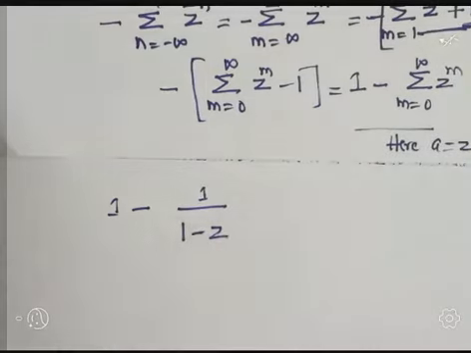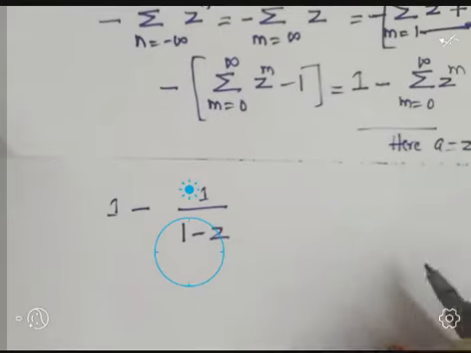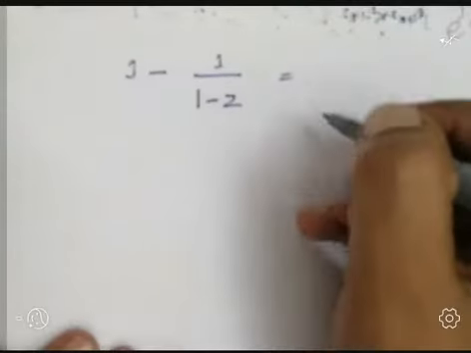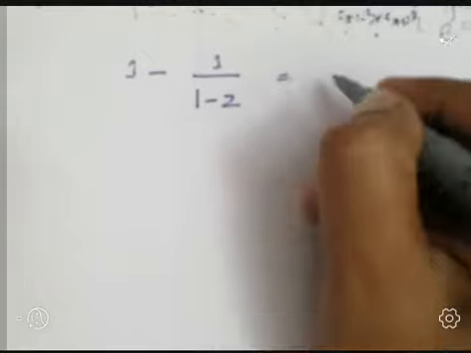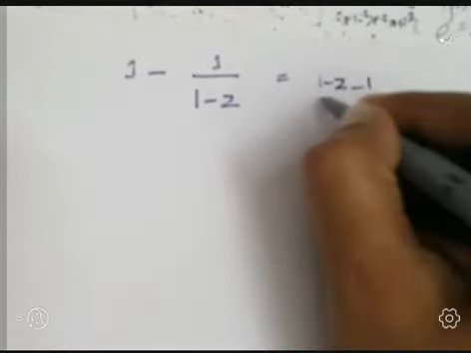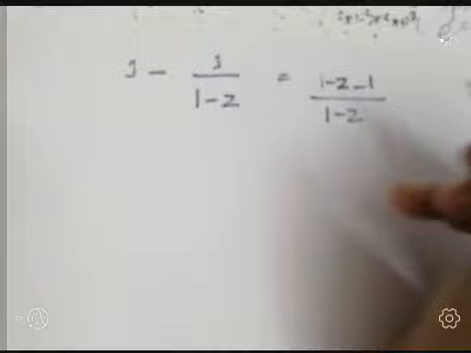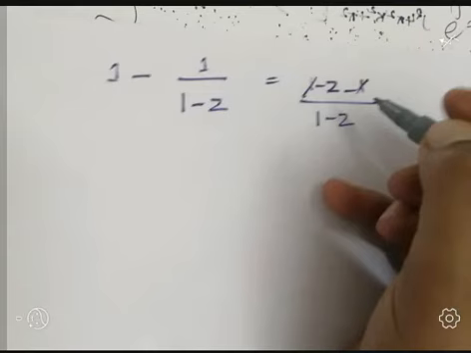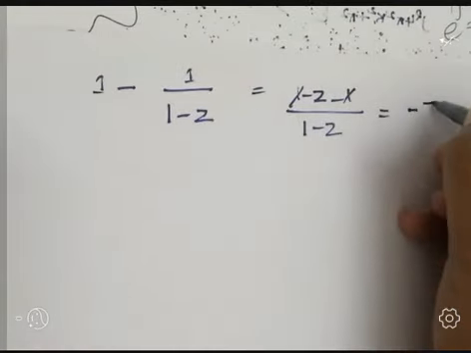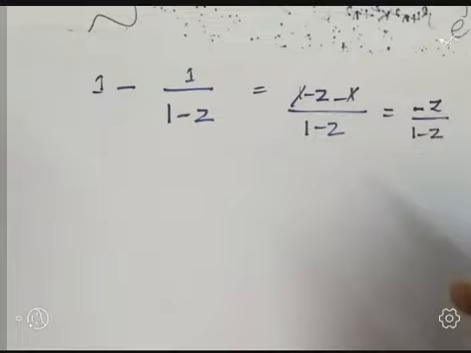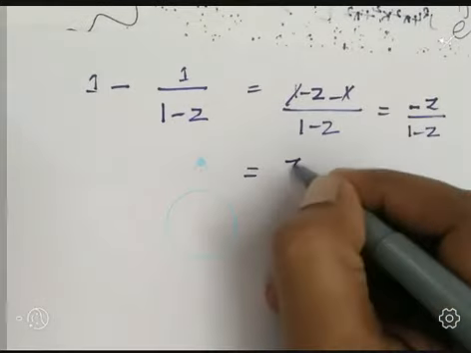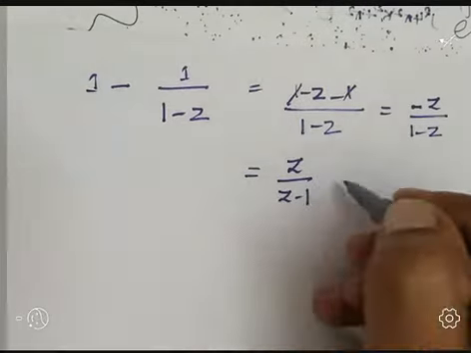Further simplification, LCM is 1 minus z, then 1 minus z minus 1 divided by 1 minus z. Next simplify: 1 gets cancelled, hence we got minus z divided by 1 minus z. Otherwise, if you multiply the numerator and denominator by minus 1, we are getting z divided by z minus 1. So this is the second part.